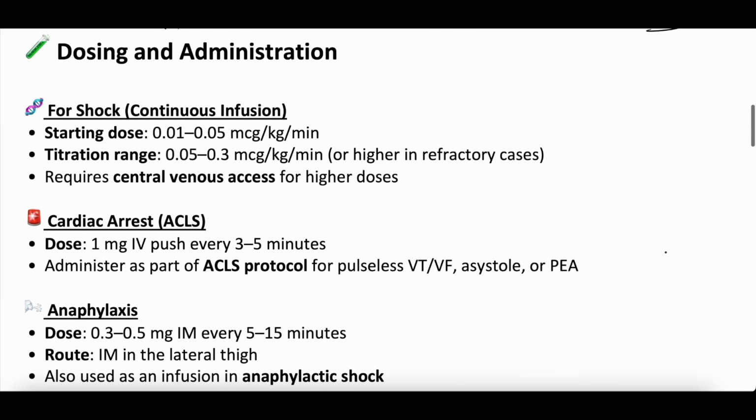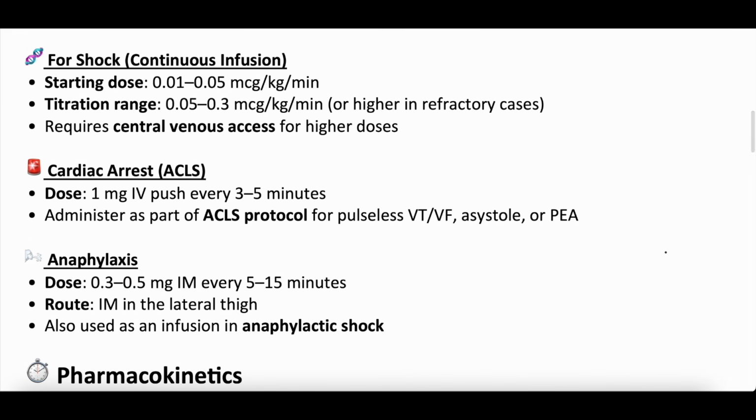So, dosing and administration of epinephrine. We're going to divide this up into 3 different clinical scenarios. The first one being shock, the second one being cardiac arrest, and the third one being anaphylaxis, because they all require a slightly different approach. So in shock, epinephrine is a continuous infusion. It's weight-based, meaning its units are micrograms per kilogram per minute.